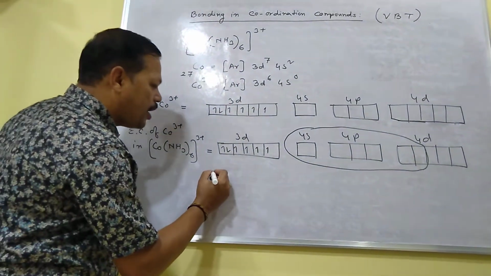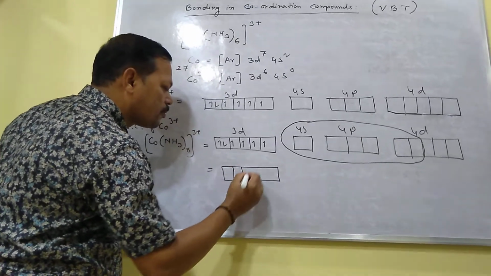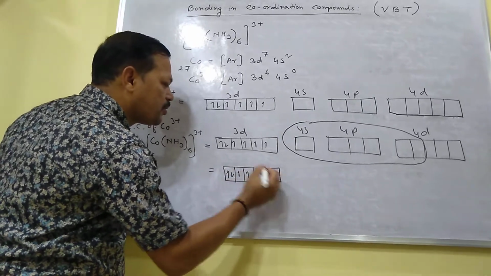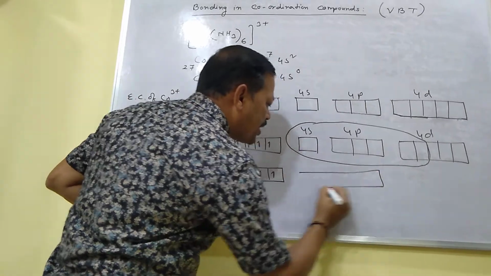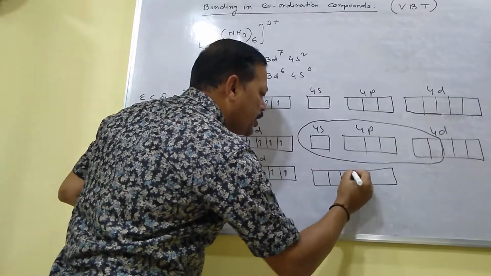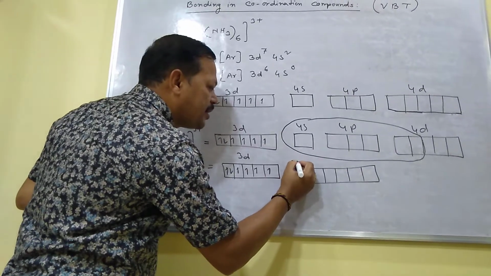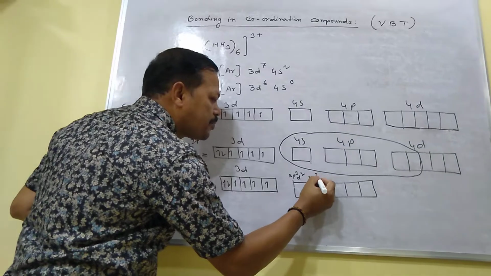So after hybridization, 3d remains the same. Now they will form 6 hybrid orbitals like this, and they will be named sp3d2 hybridization. This is called sp3d2.